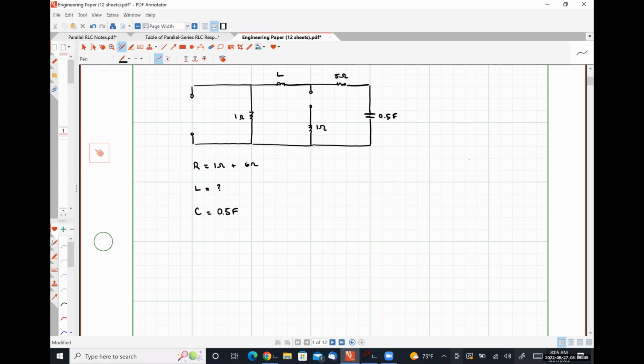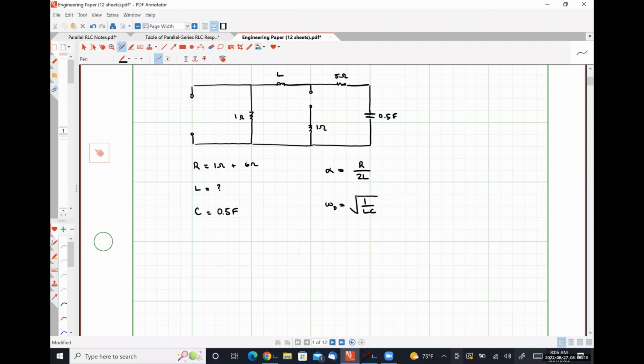Since we have a series RLC circuit, alpha is equal to R over 2L, and omega naught is equal to the square root of 1 over LC.